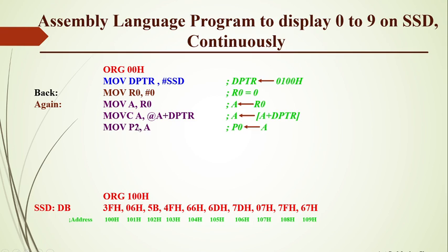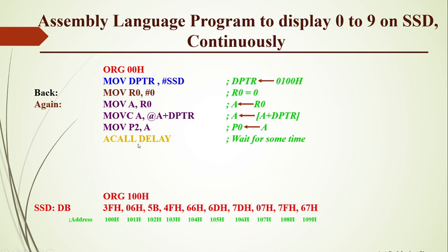Now, MOV P2, A. The content of the accumulator, 3FH, is loaded to port 2. SSD is connected to port 2, and the value 3FH is used for 0. So as we move 3FH into port 2, the 0 will be displayed on the SSD.